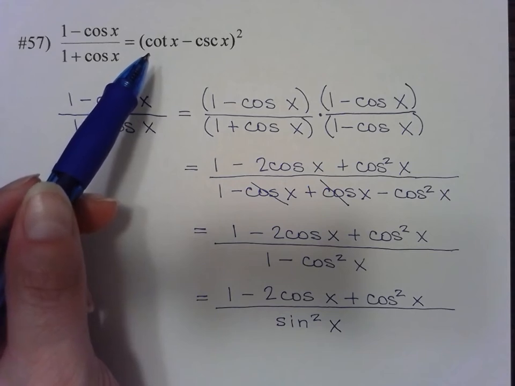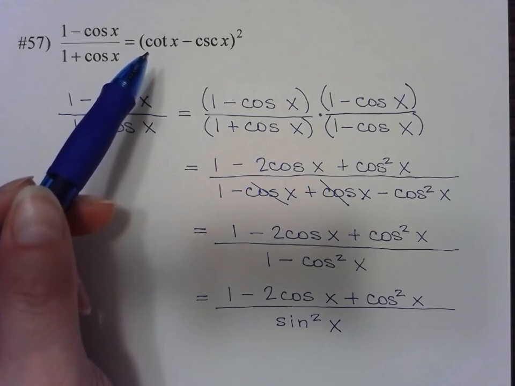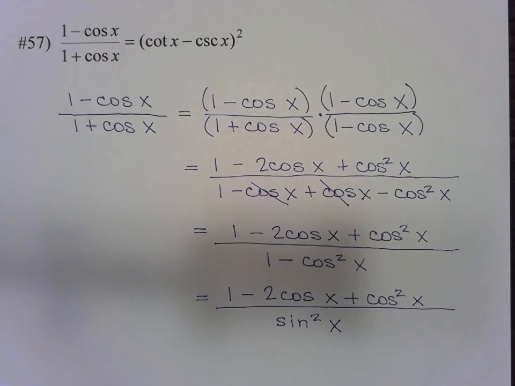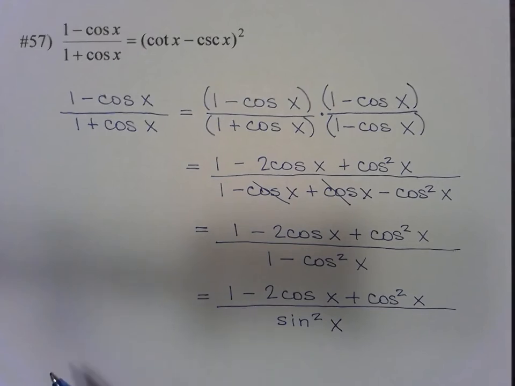All right, so let's put that in here. I think we may have to rearrange a little bit, but let's go ahead and start forming the cosecant and the cotangent. So all of these parts in the top are going to be divided by sine squared, so we could split them up, right?